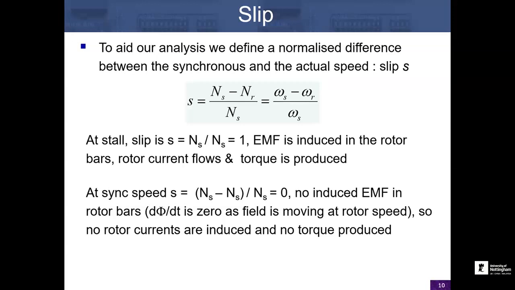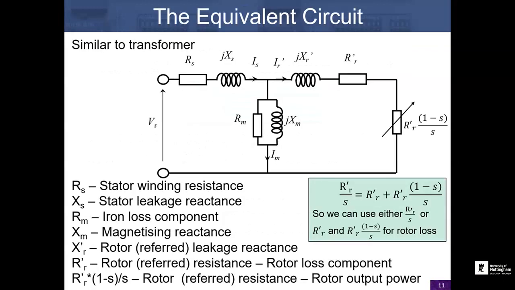So that gives us a basic factor that's going to be 1 when our rotor is stationary at stall and our field is moving at whatever speed, and our slip is going to be 0 if our rotor is moving at the same speed as our field. And this is a good governing factor that's included in a lot of our equations that represents very well our power flow, our power transfer, and our machine behaviour when we get to equivalent circuits.